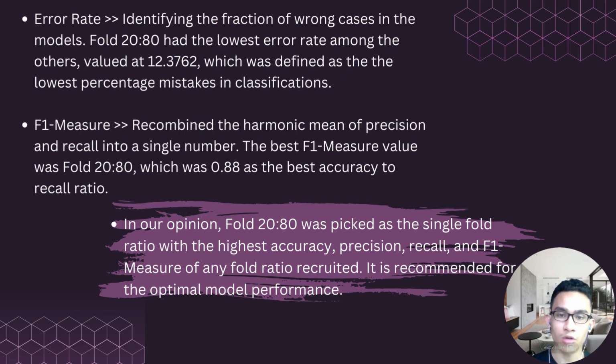Apart from that, in our opinion, throughout this model evaluation with the previous performance metrics, fold 20 to 80 was picked as the single fold ratio with the highest accuracy, precision, recall value, and F1 measure of any fold ratio. So we both recommend it for optimal model performance.